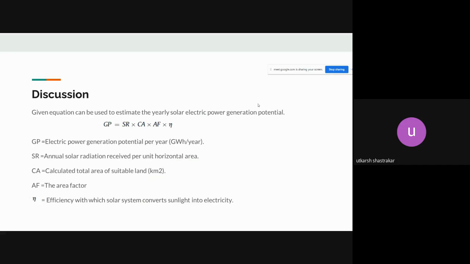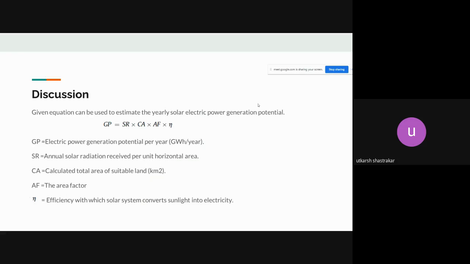Then we can use this formula to actually calculate the output of the solar power. Considering the first three factors, that is the GP, the generation potential in terms of gigawatt hour per year.